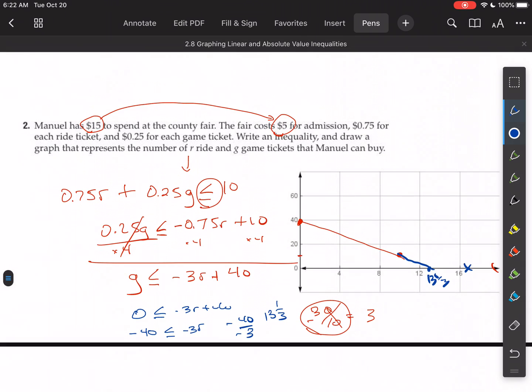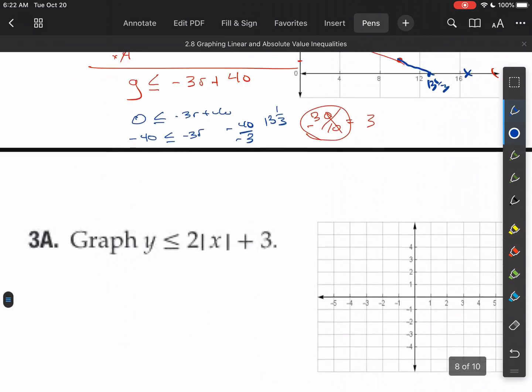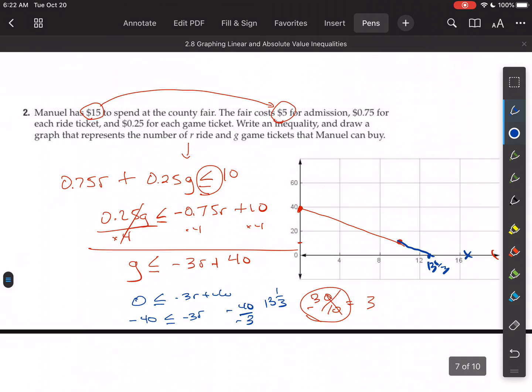All right, so they wanted us to just write an inequality and then draw a graph that represents the number that he can buy. Now, in your textbooks, when you're doing a problem like this, they might ask, what's one possibility of tickets versus games that he could have? Okay, so you got to remember what each thing represents. So on our graph, we turned y into games, right? This is the games axis, and this is the rides.